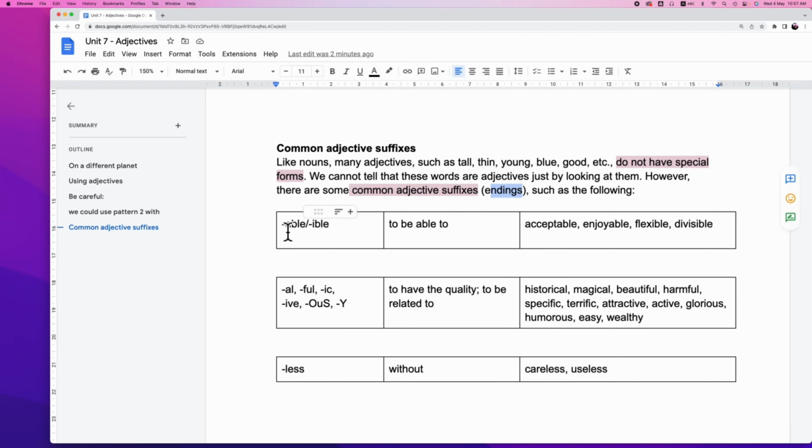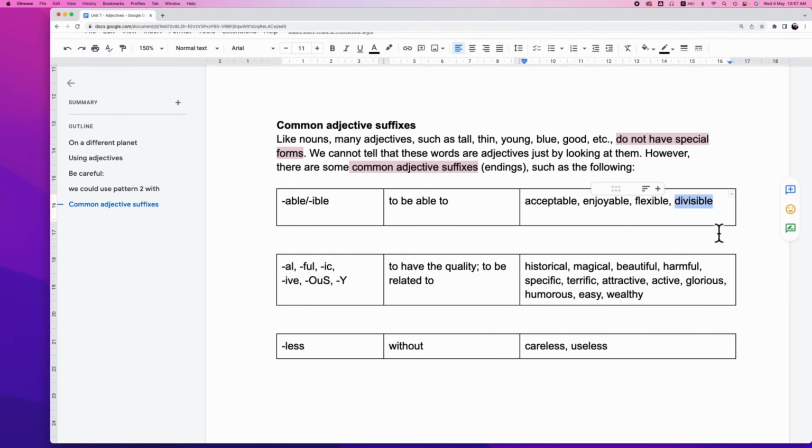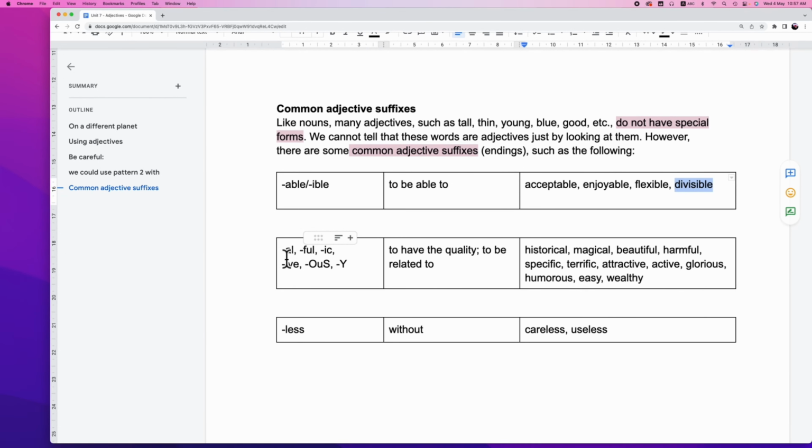For example, when a word ends with able or ible, we could tell they are adjectives: acceptable, enjoyable, flexible, divisible. And suffixes such as al, ful, ic, ive, ous, and even y, we would know these words are also adjectives.